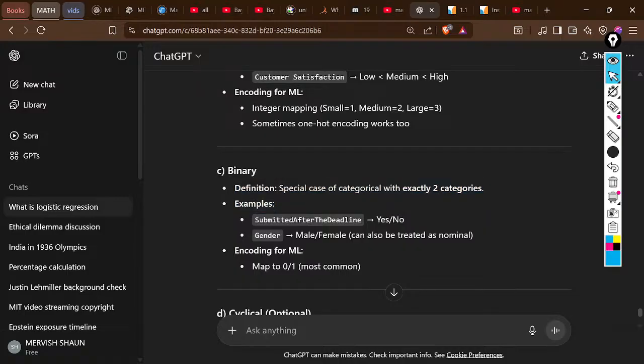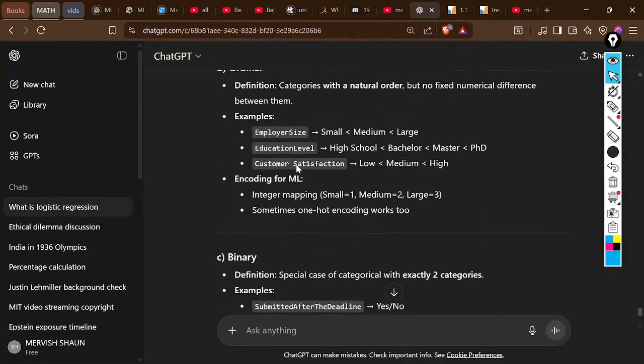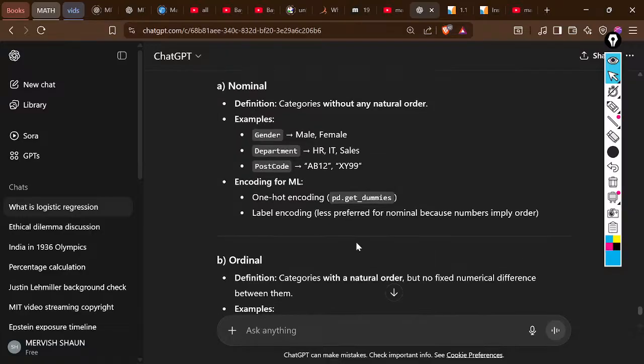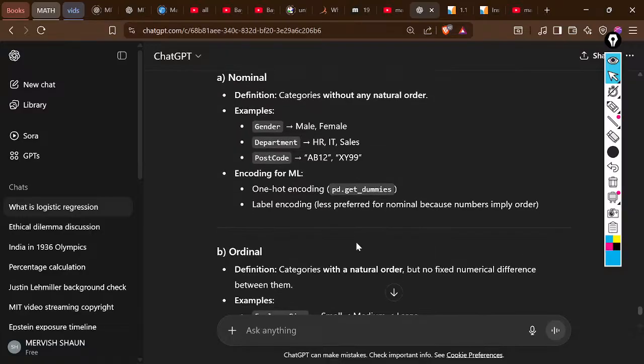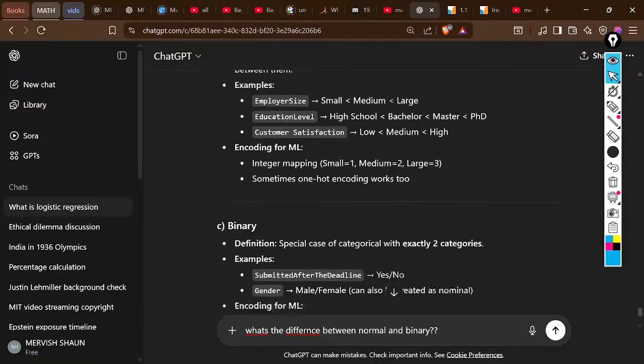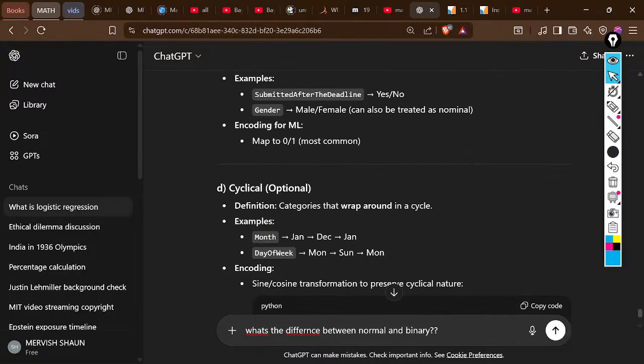Binary, a special case category with exactly two categories. Yeah, binary is a yes or no, male or female. So what's the difference between nominal and binary? Okay, it's optional.